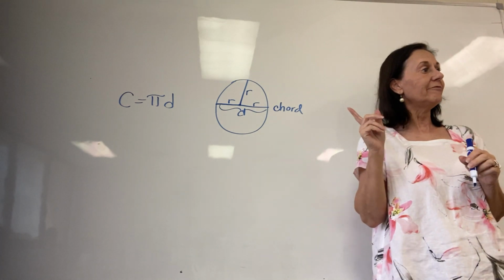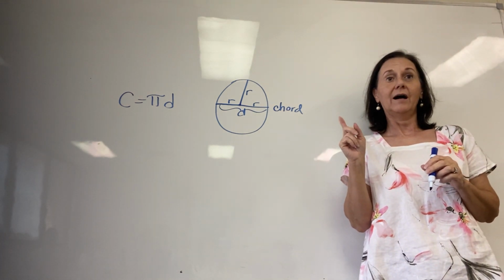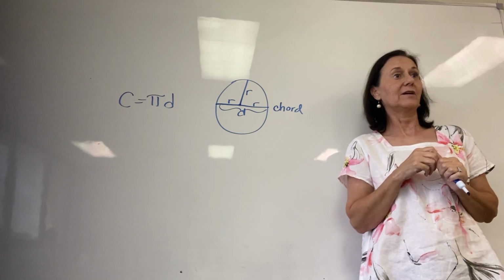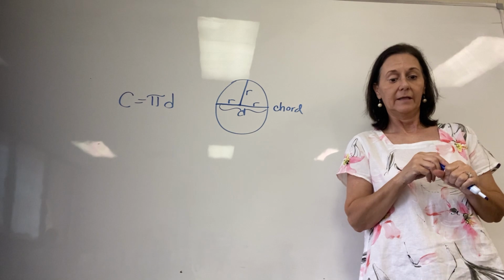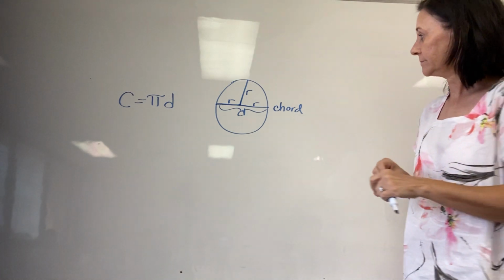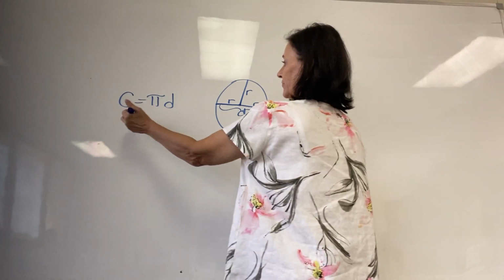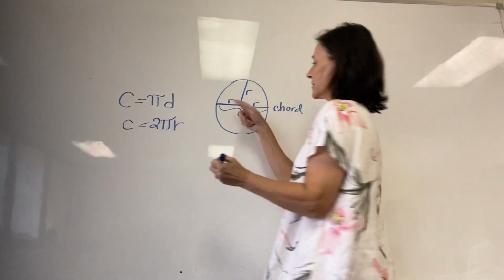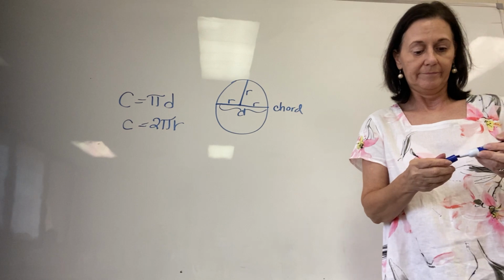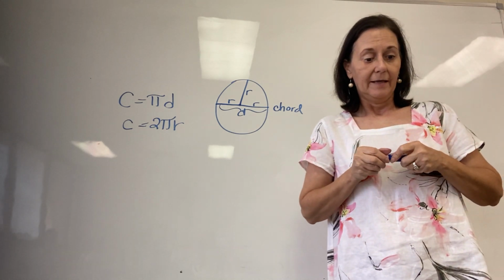There are an infinite number of diameters and radii in a circle because I can draw them all the way around, right? There's an infinite number. So instead of circumference equaling pi d, I can say it's 2 pi r because 2 radii make a diameter. And we prove that.